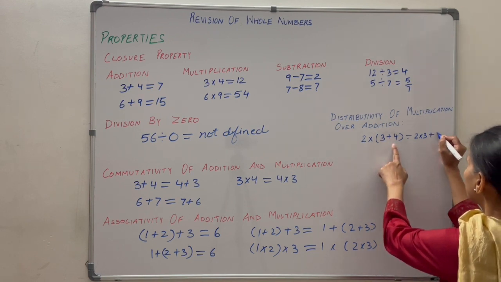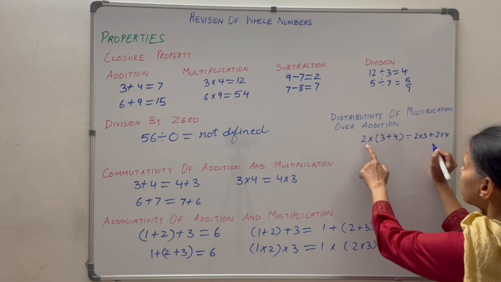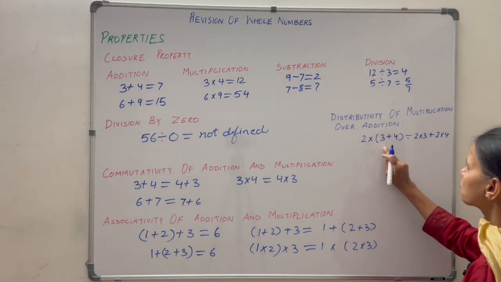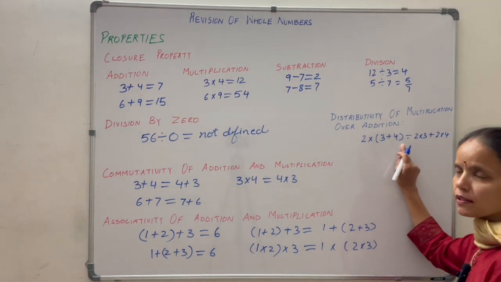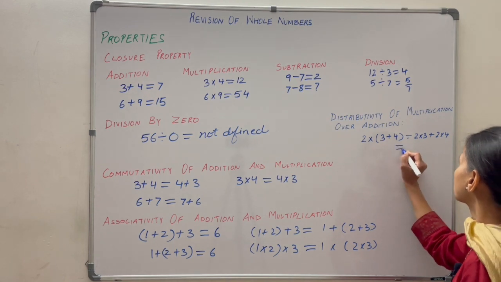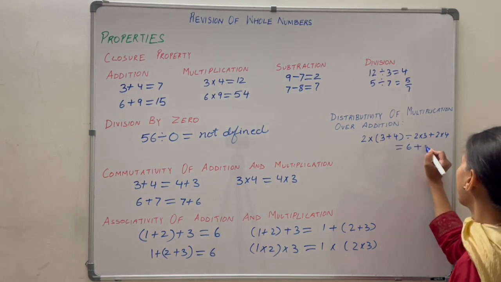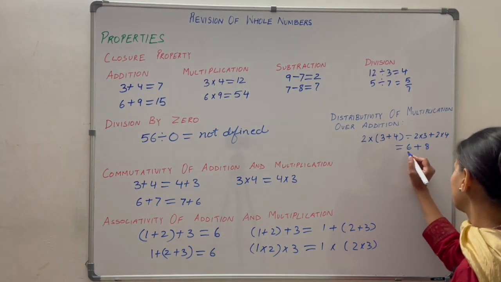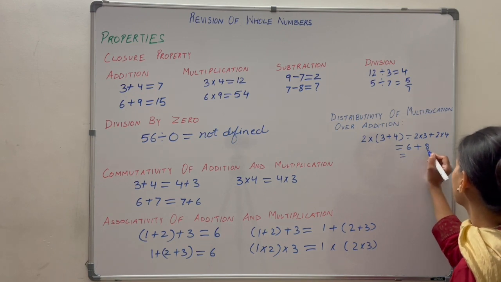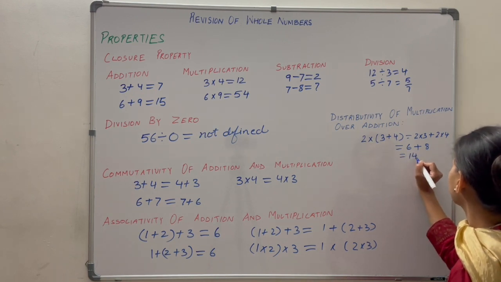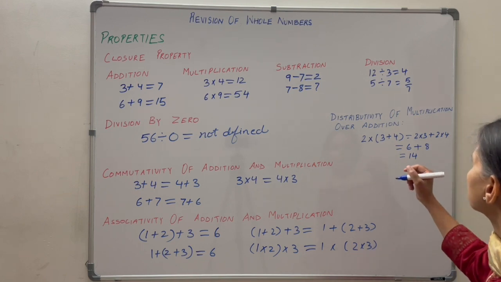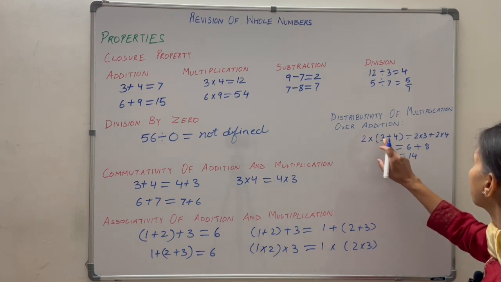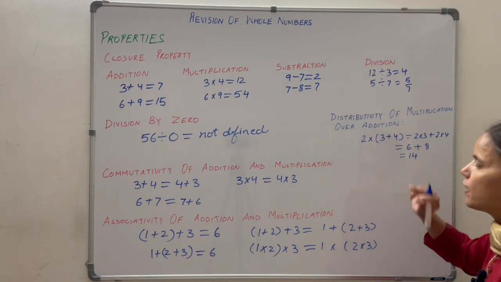Then 2 into 4. So whatever is outside the bracket, you need to multiply with all the numbers which are there inside the brackets. So 3 into 2 is 6 and 4 into 2 is 8. So 6 plus 8 is 14. So this is called distributivity of multiplication over addition.